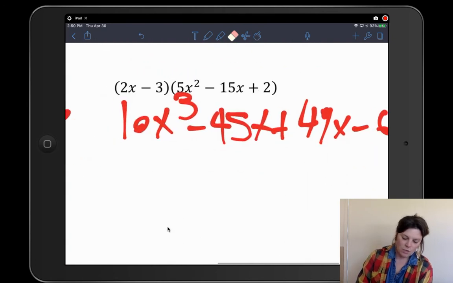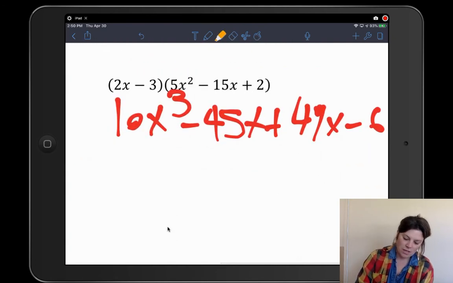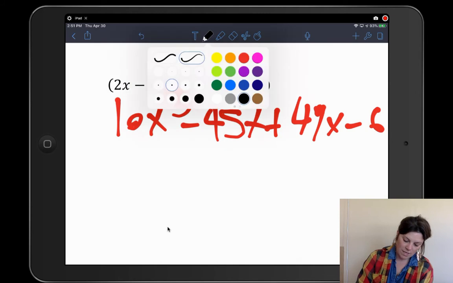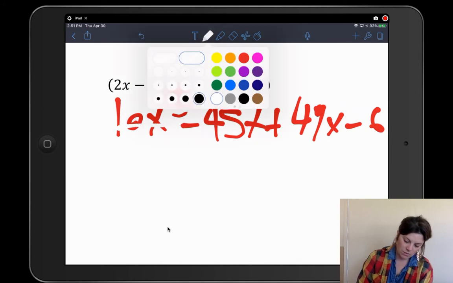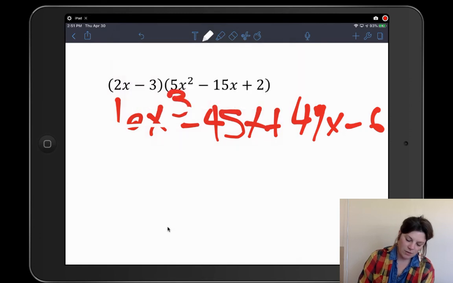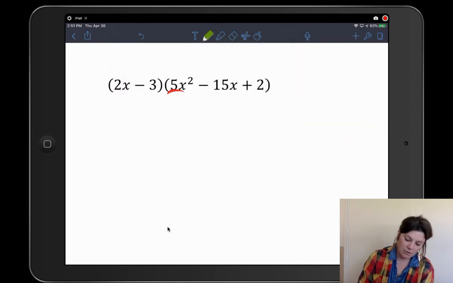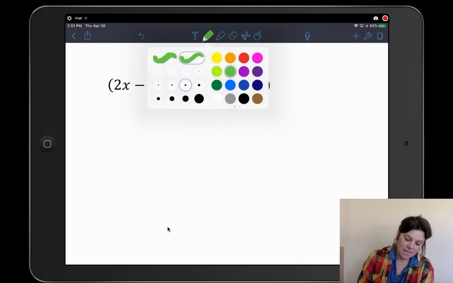But let's do one of these together. Again, I'm going to white out what this student did just so we can learn about it from a full example.